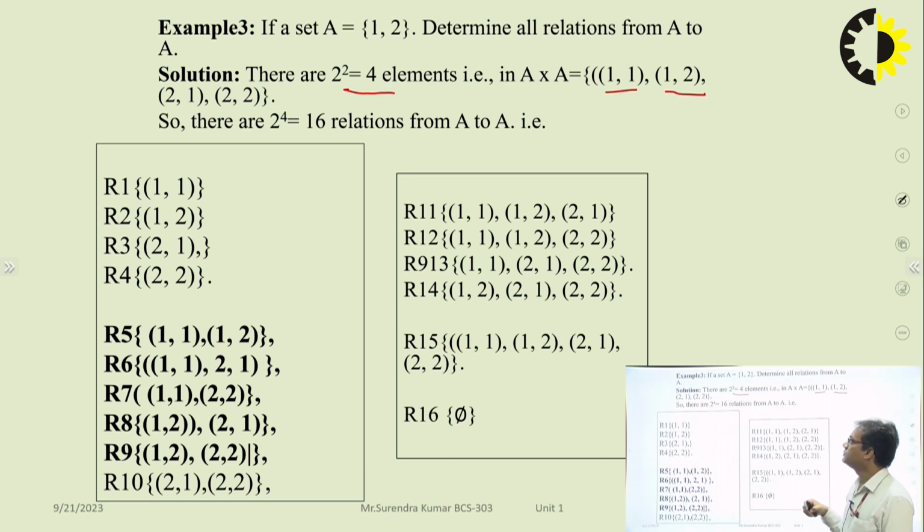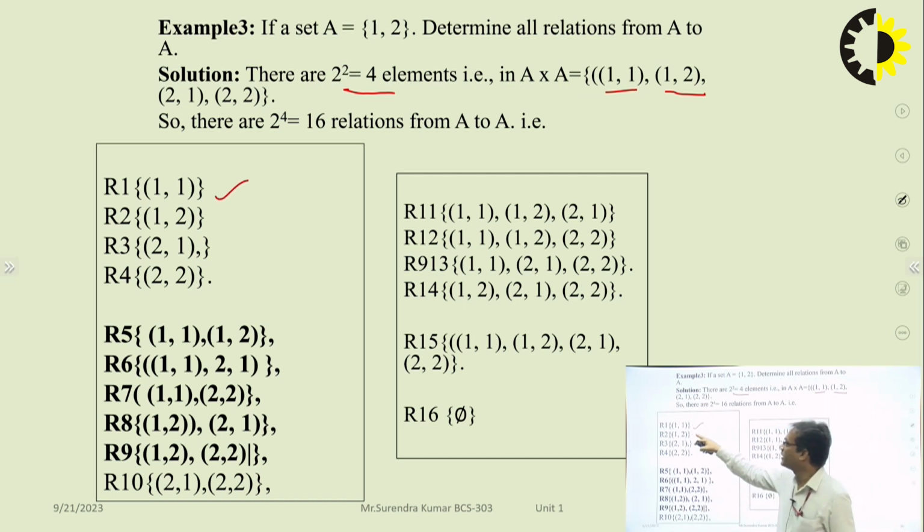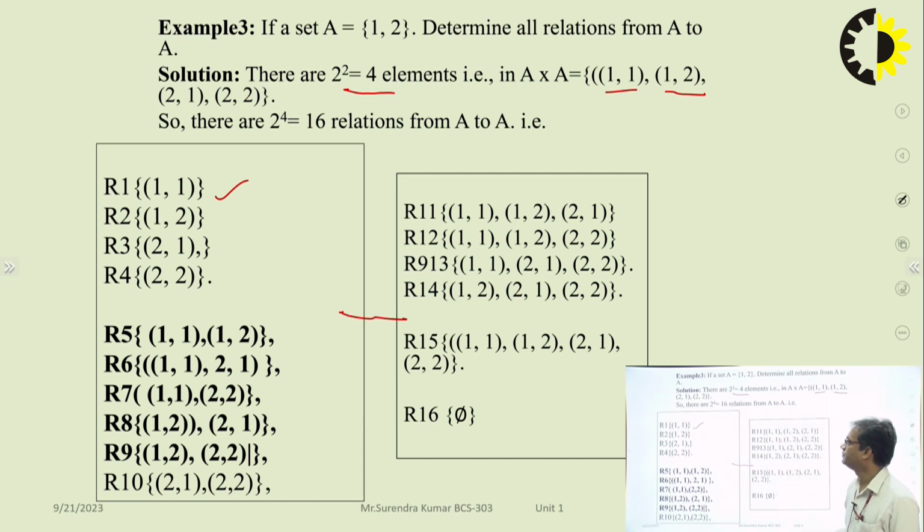Now you can find the total number of relations. How? What different kinds of relations can be prepared with the help of this Cartesian product of A cross A? As we have 4 elements in the Cartesian product, we can have a relation R1 having a single element only, relation R2 which again has one single element but different, it is 1, 2 only.